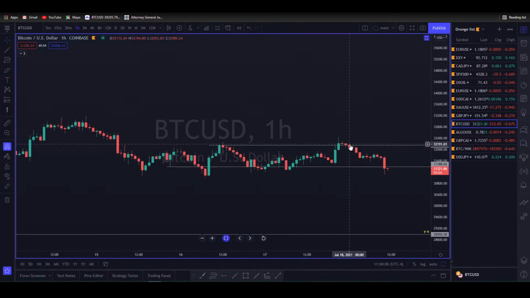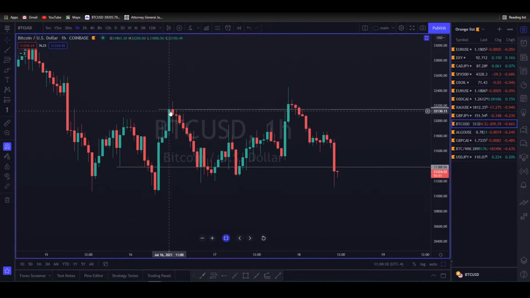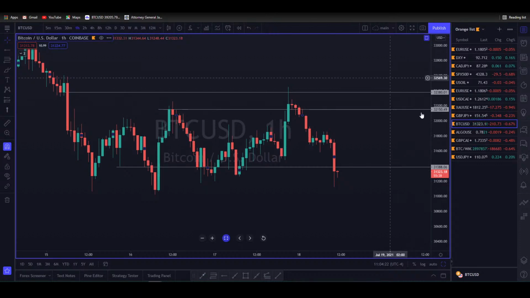I would have never taken that short, first and foremost, because here's hourly resistance. There is an hourly Heath level right there. So you have two price points over here, 32,380.01 and 32,150.49. That can be resistance. So this is a close above this resistance.